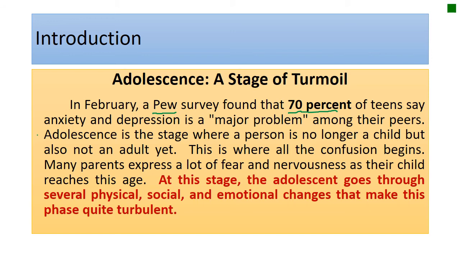So, hook, 1 sentence, 2 sentences for general info, and then finally my thesis. At this stage, the adolescent goes through several physical, social, and emotional changes that make this phase quite turbulent. I listed the causes, and I'm going to discuss them in my essay.